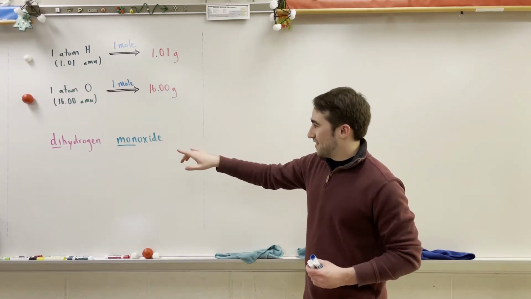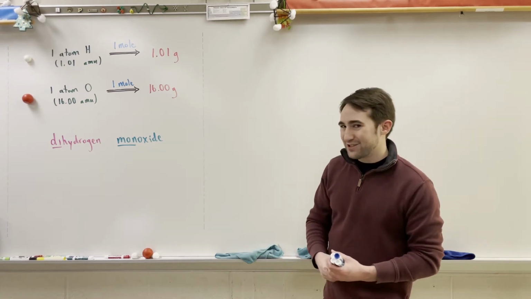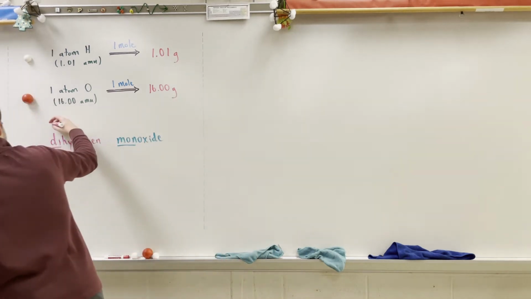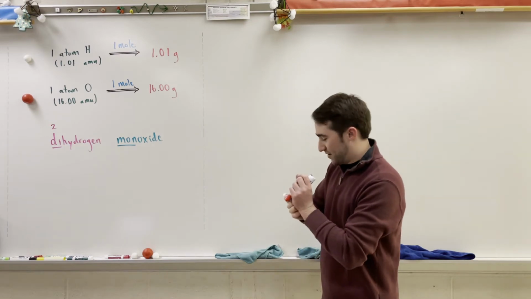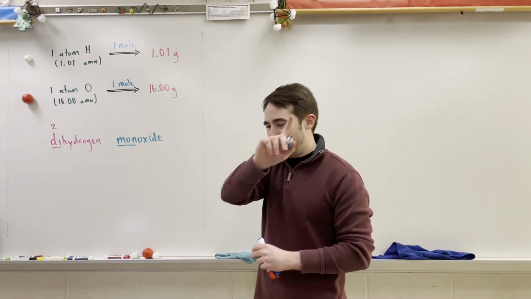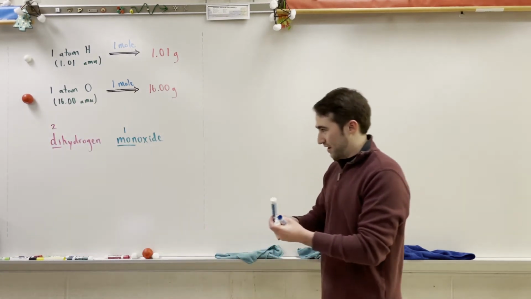So our prefixes help tell us how many atoms of each element we need here. So we don't have to cancel charges. That makes it a little bit easier. Di is the prefix for 2. Mono, which kind of got cut off by that O on the oxide, means 1. Okay.